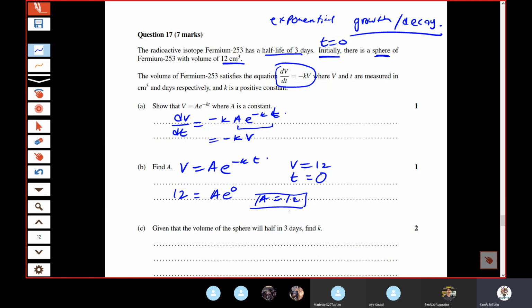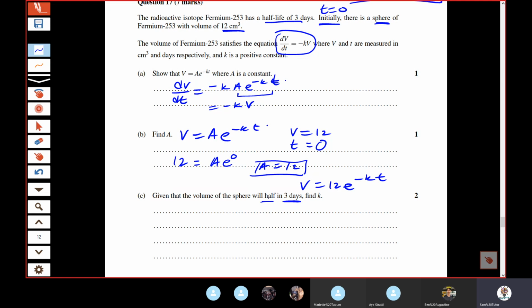Cool. Done. So we have a new equation, V equals 12e to the negative kt. Given that the volume of the sphere will halve in 3 days, that's the idea of half-life. So it's literally going to become half of its initial value, I should say. So that means V is equal to 6 when t is equal to 3.